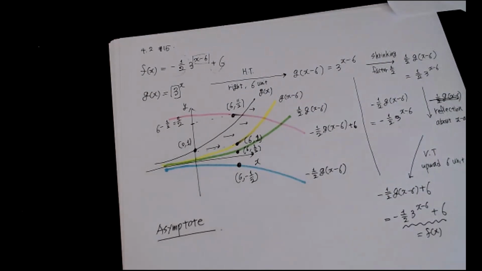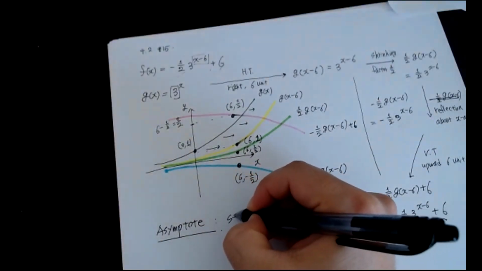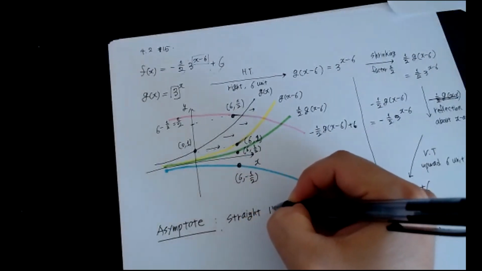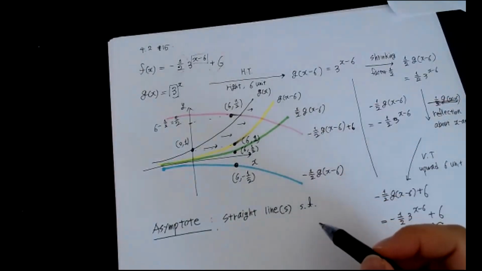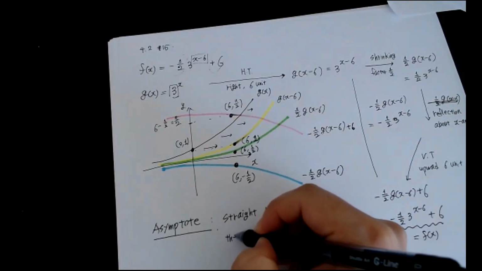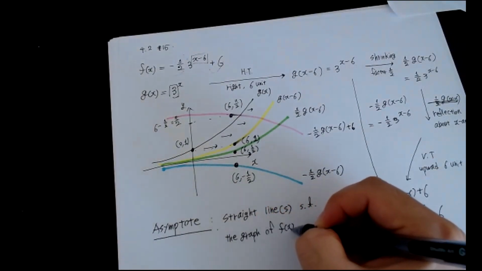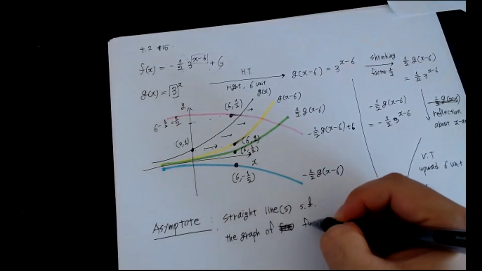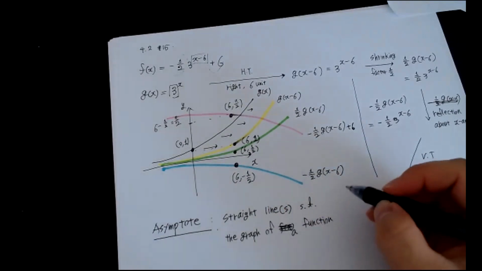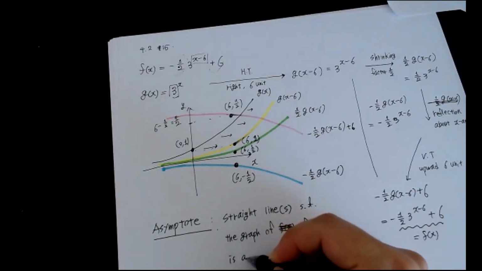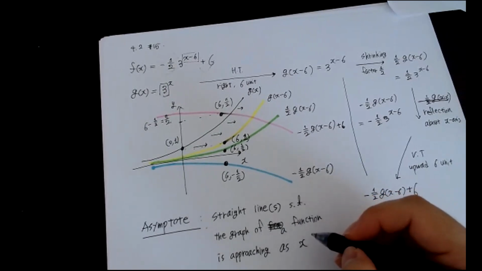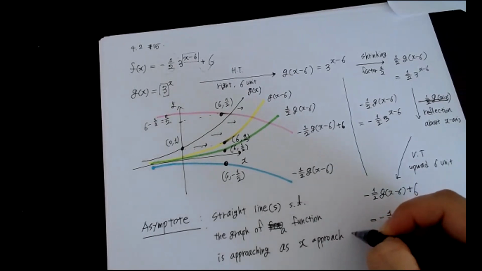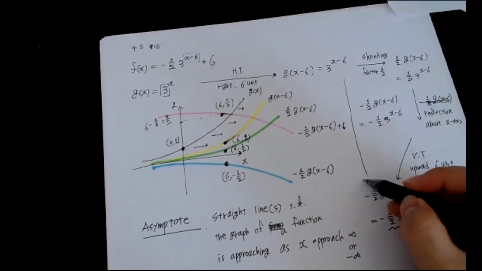It is a straight line such that the graph of a function approaches it as x approaches infinity or negative infinity. There could be multiple such lines. Here, s.t. means such that.